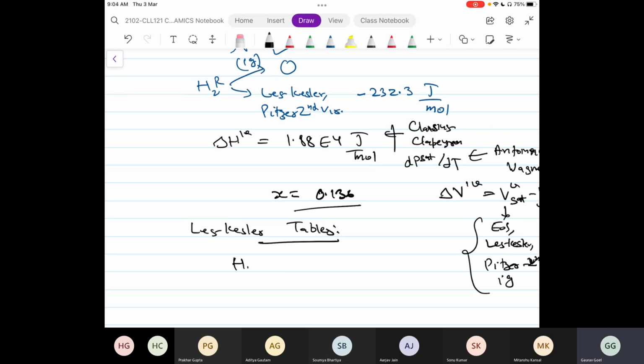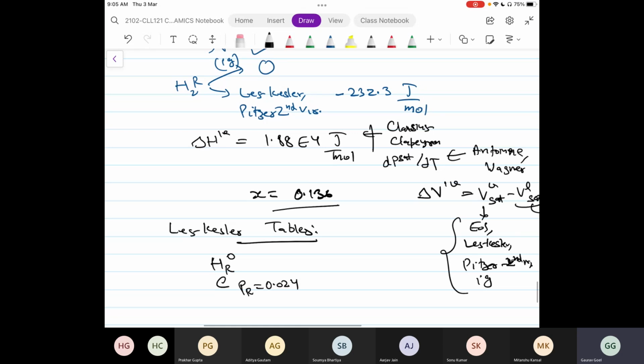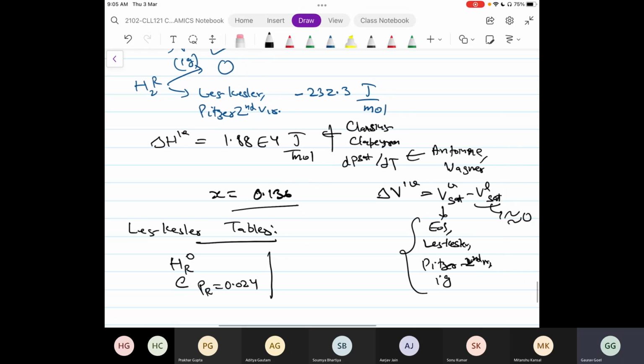So we needed, let's say, the coefficient. There are two coefficients, HR naught and HR1. So I needed HR naught at a reduced pressure of 0.024. So one of the reduced pressures in the problem is 0.024. I go to these Lee-Kesler tables, and these are the entries I would see.